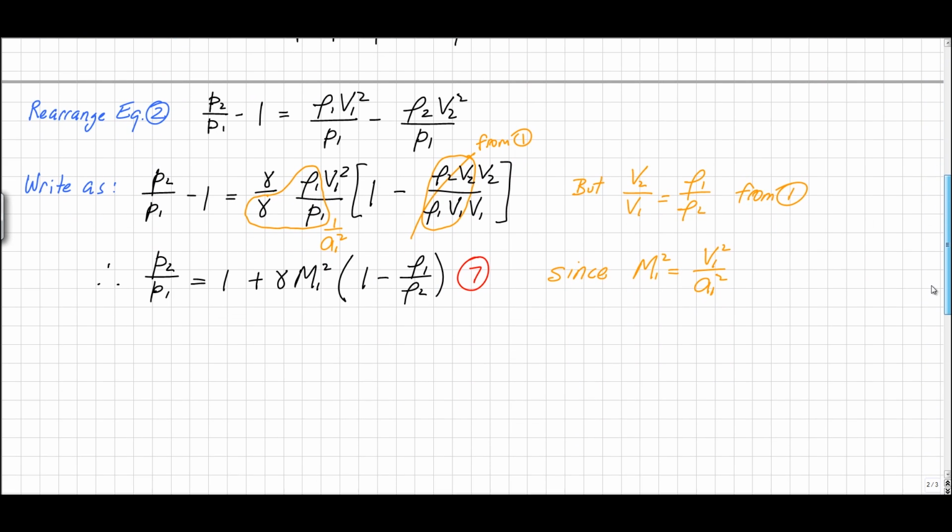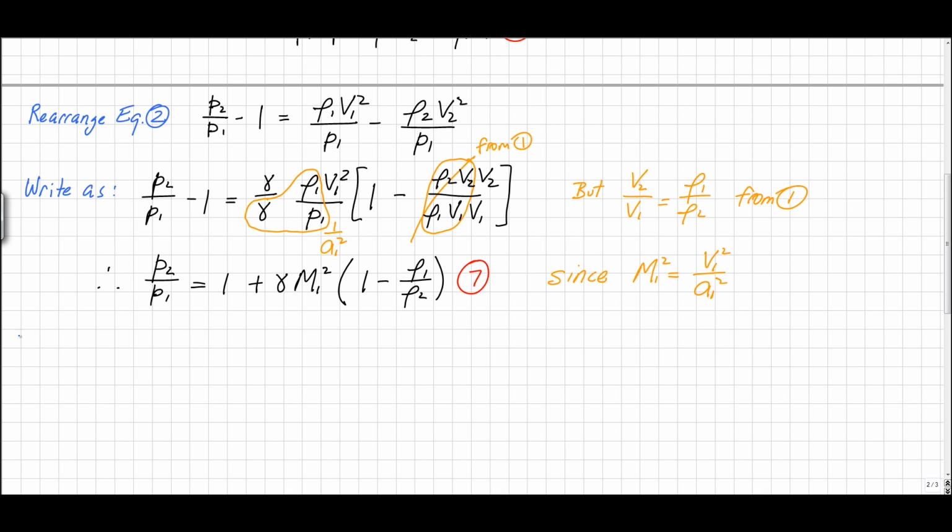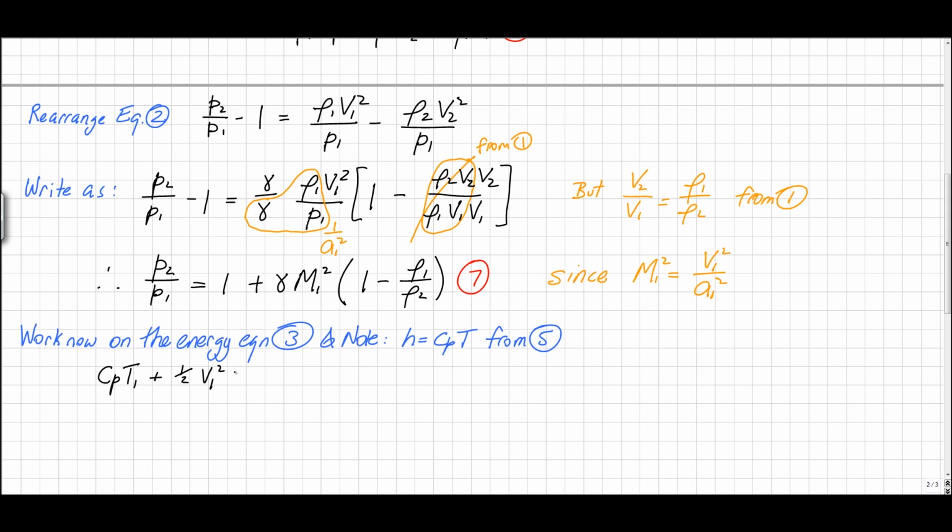So the energy equation, equation 3: H1, which is CpT1, plus half V1 squared, the left-hand side of equation 3, is equal to H2, which is CpT2, plus half V2 squared.